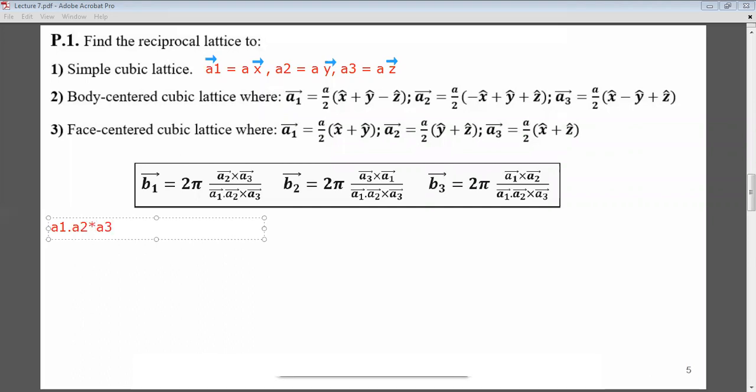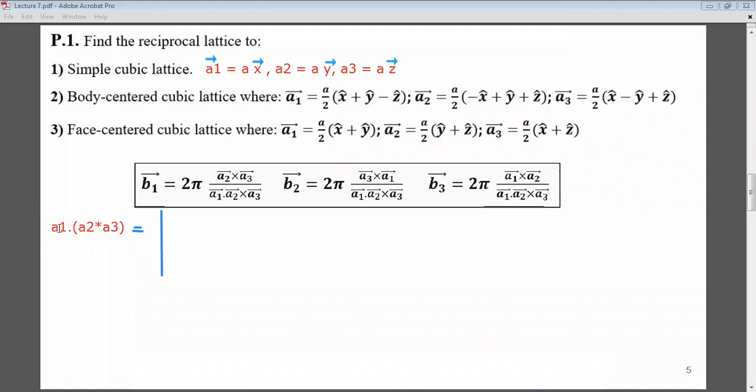I have to start by calculating A1 dot A2 cross A3. Let's do this again more carefully.